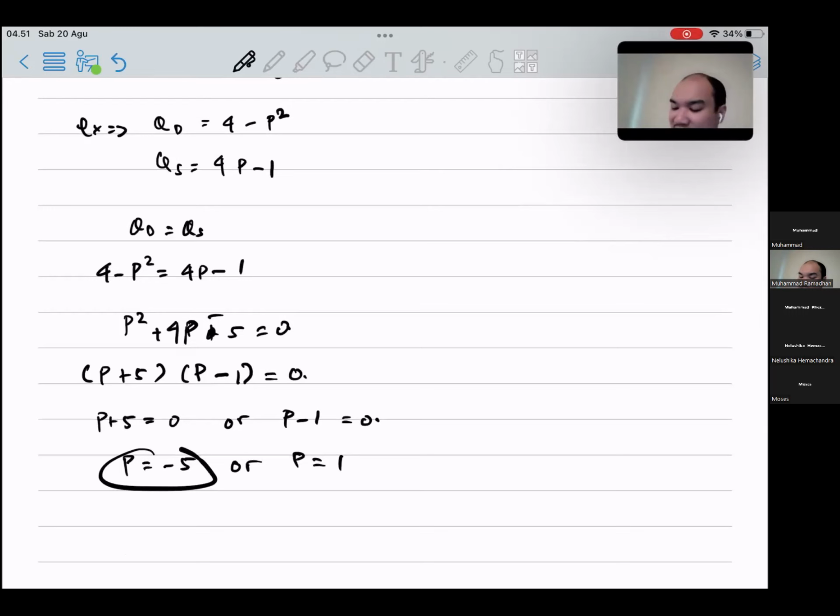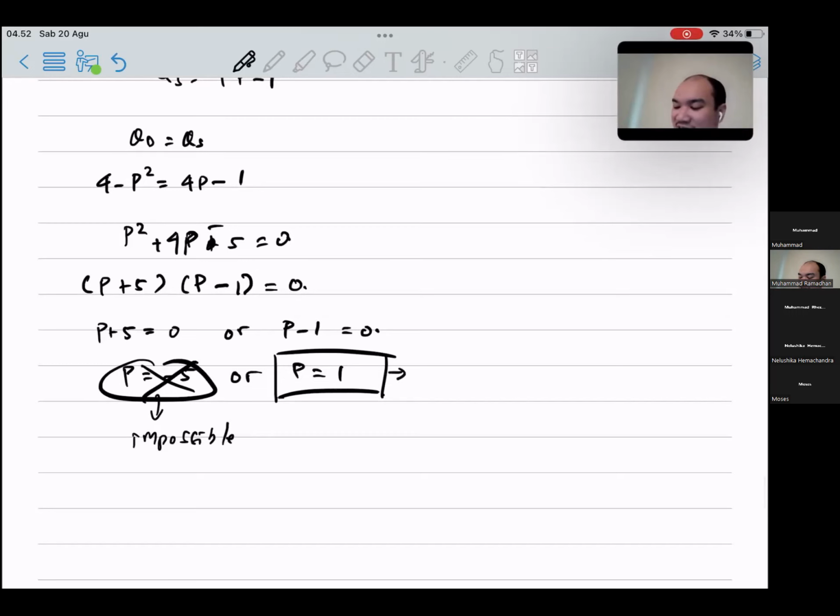But p equal to minus 5 is impossible because price cannot be negative. How can you buy something and the seller will pay you? It is not possible. So the reasonable P is just P equal to 1.